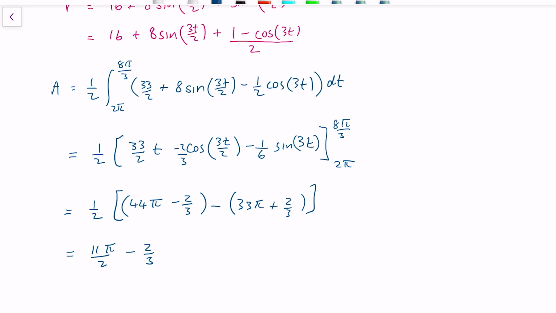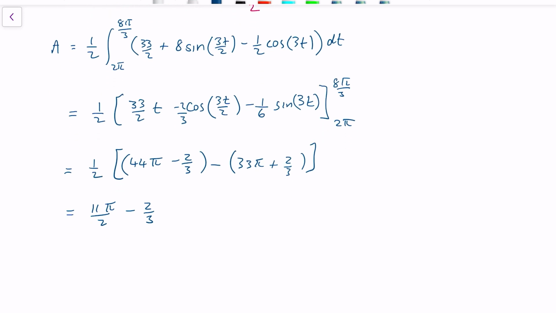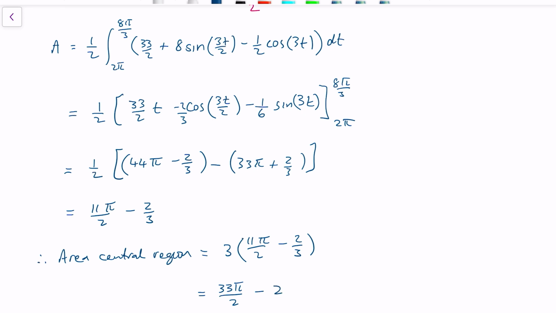Now remember that the central region is actually 3 times that, therefore area of the central region is 3 lots of that, which is equal to 33 pi over 2 minus 2. I'm playing spot the error now because it doesn't quite match what I did earlier. Where is my mistake? Right, there is a 8 there.